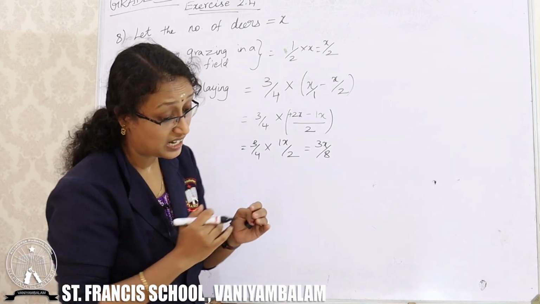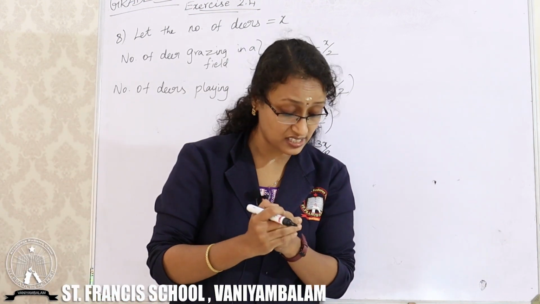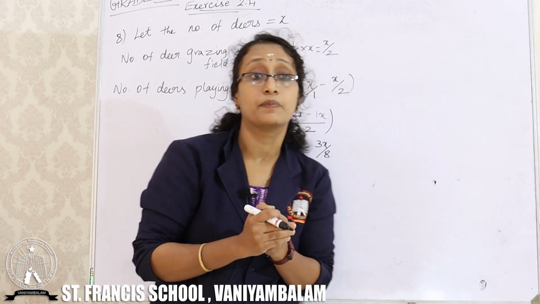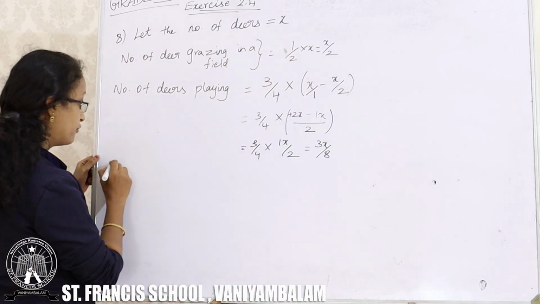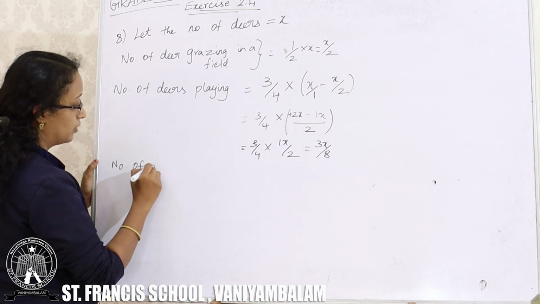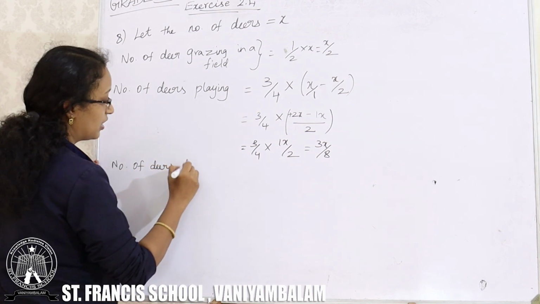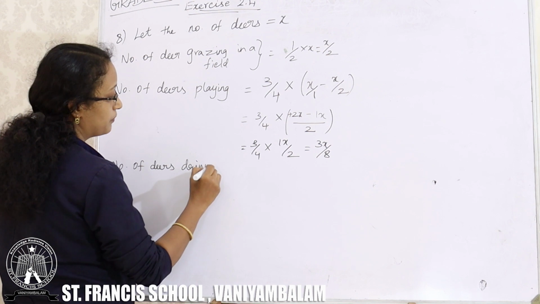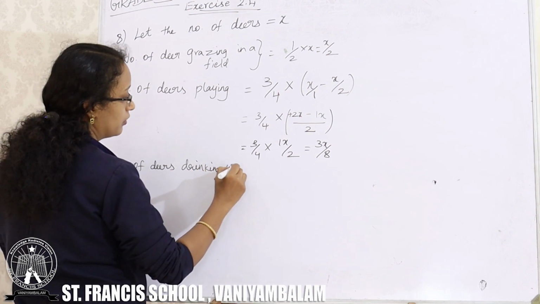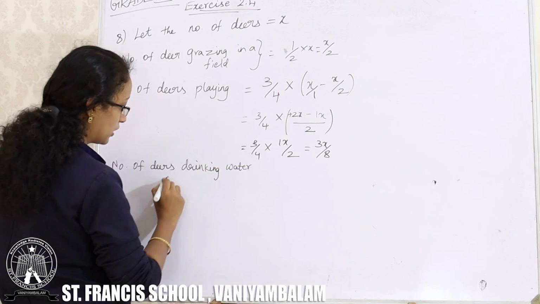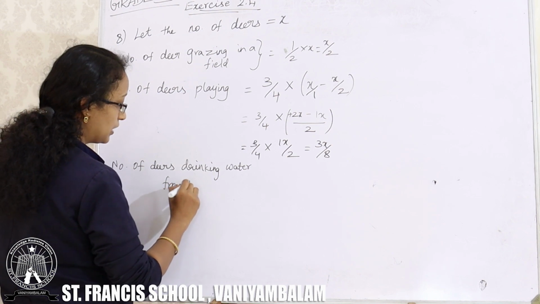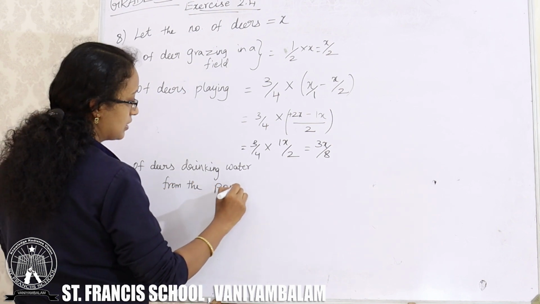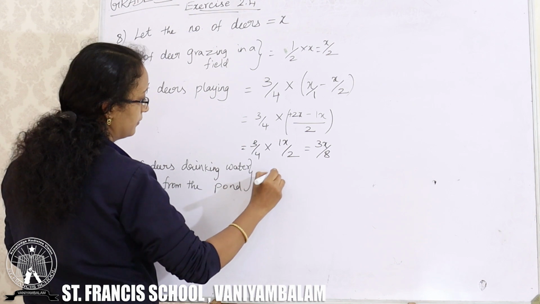And the last condition given is, the rest 9 are drinking water from the pond. So the number of deer drinking water from the pond is 9.